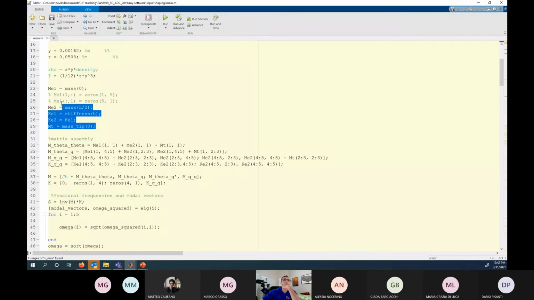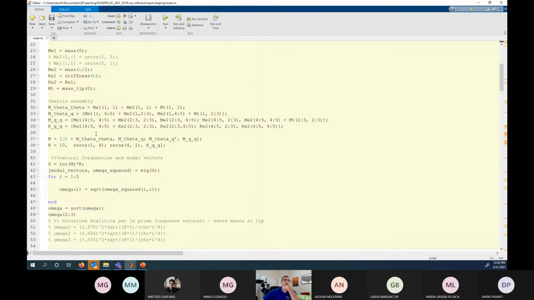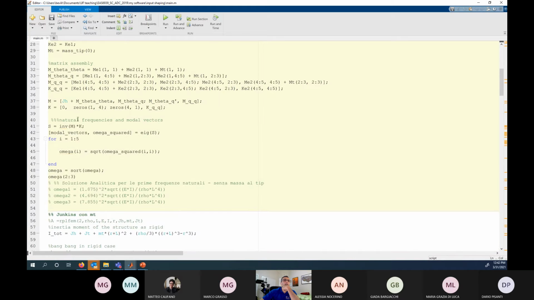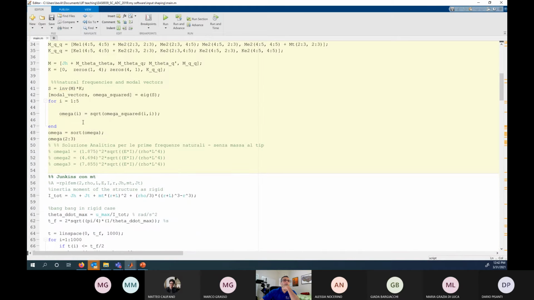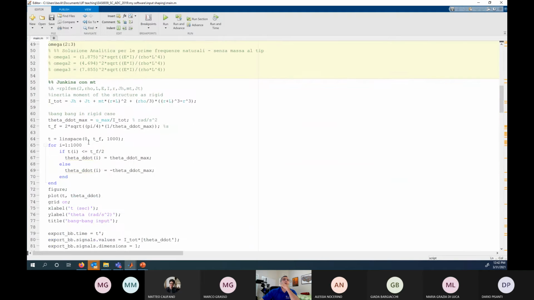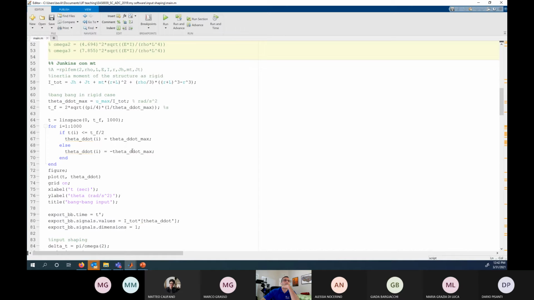Then you start putting together the components of the mass and stiffness matrices. You find the frequencies. Let's see, what do we have here? Okay, now we start shaping the signal.